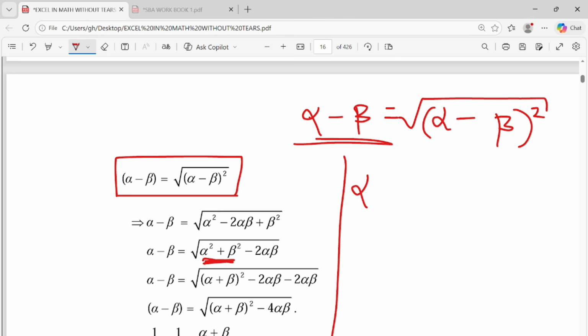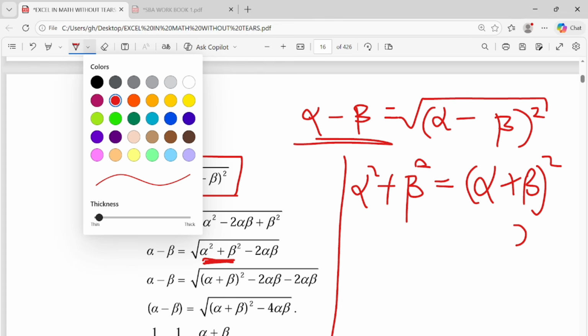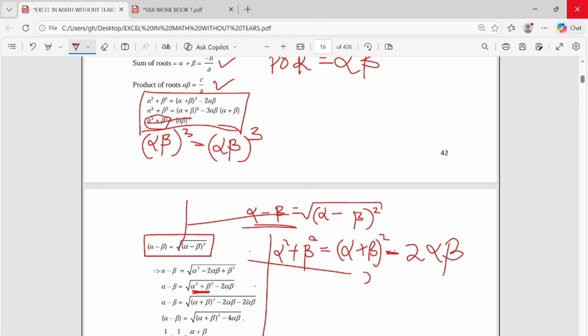So we say that alpha squared plus beta squared is equal to alpha plus beta in bracket squared, sorry, this is minus 2 alpha beta. So you have that.